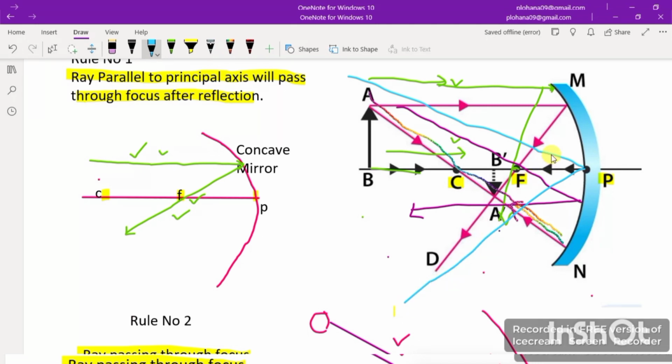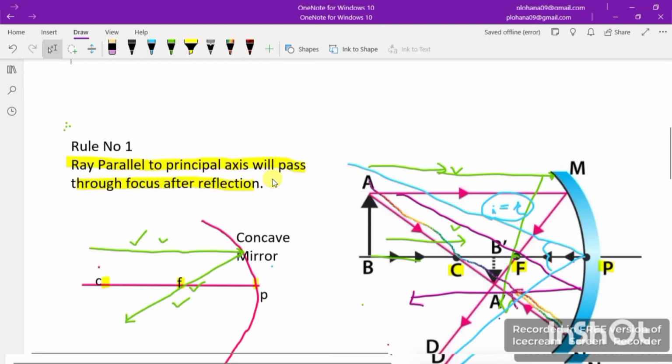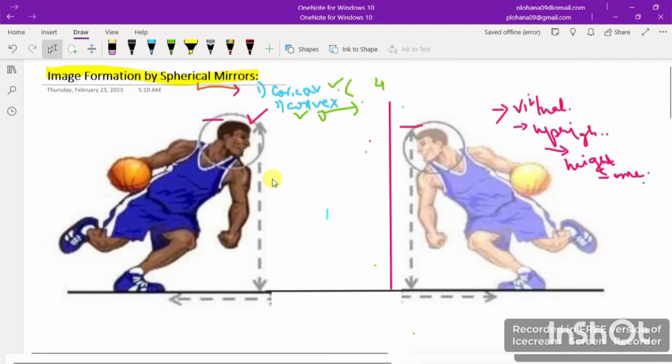If the angle is 20 degrees, there would be an angle of 20 degrees as well, because we know that the incident angle is always equal to the reflected angle. This is the law of reflection. So basically these were the rules of forming an image in the concave mirror.